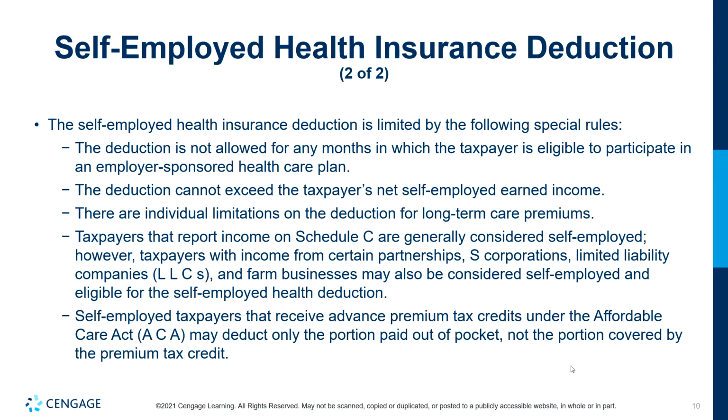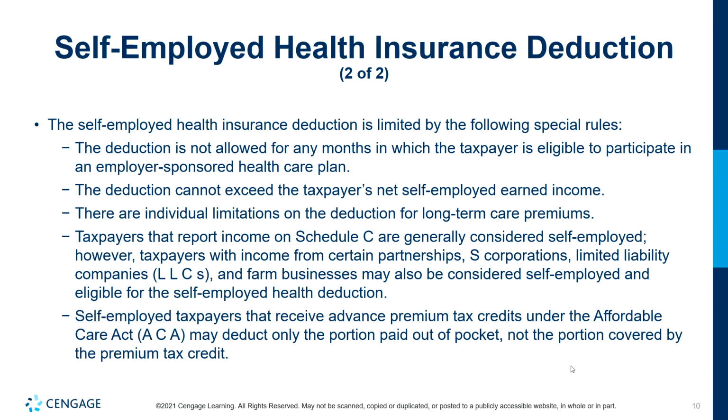So, self-employed health insurance, which we would file on Schedule C, or actually on Schedule A, medical expenses. But the deduction is not allowed for any months in which the taxpayer is eligible to participate in an employer-sponsored healthcare plan.